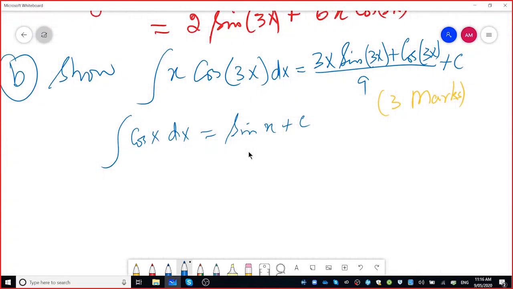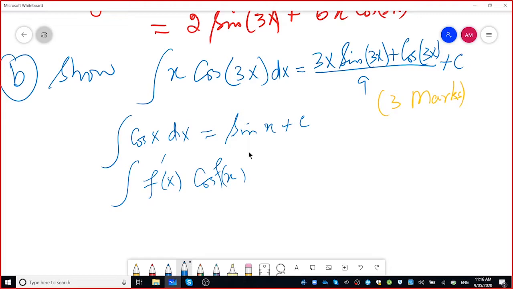Then there is something which we also see. It says if it is a function f(x) multiplied with its derivative into cos, sorry, it's a function and here also a function.